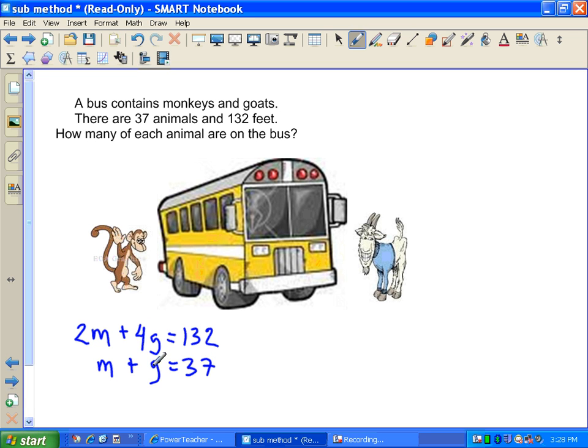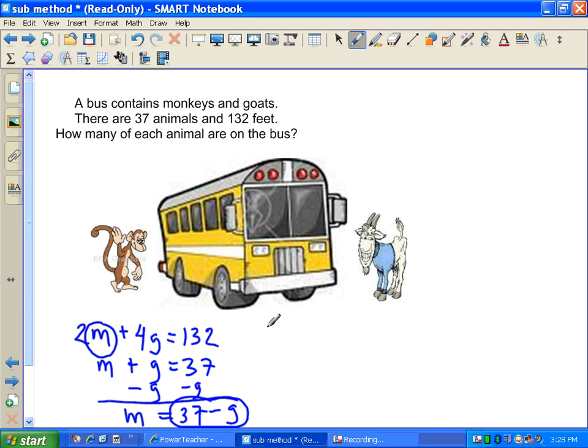Well, in order to use the substitution method, we need to have either the M or the G by itself, so we can do some substituting in. The easiest thing is to subtract G from this second equation. So M, monkeys, is 37, subtract G. Well, since M is equal to this, we can replace the M in our first equation with what M is equal to.